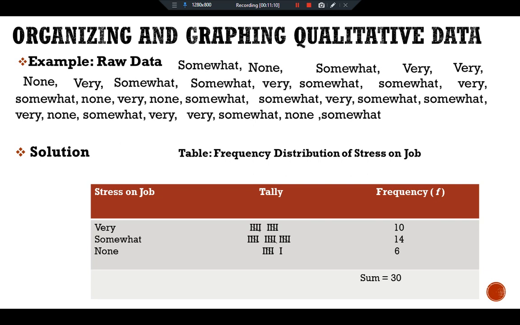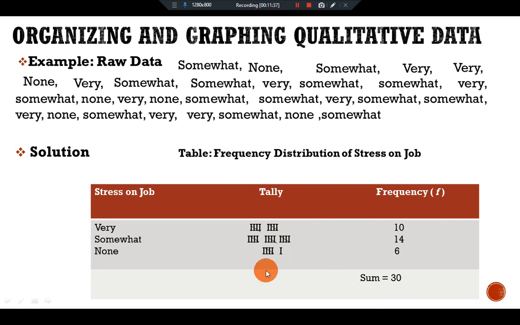Finally, we record the total of tallies for each category, and then we move towards the third column. That third column represents the frequency of a particular class, and the sum of these classes also.